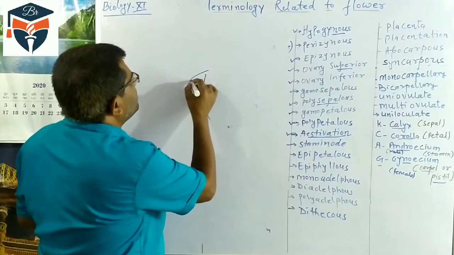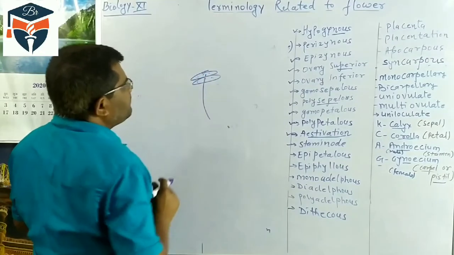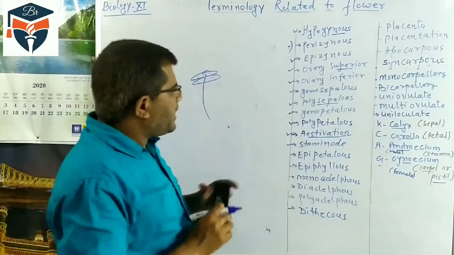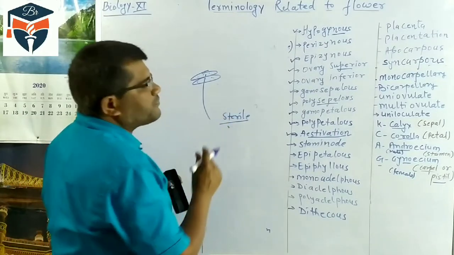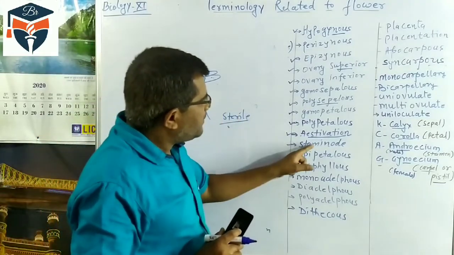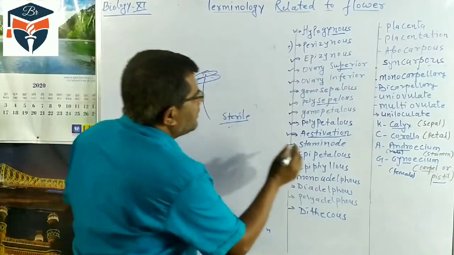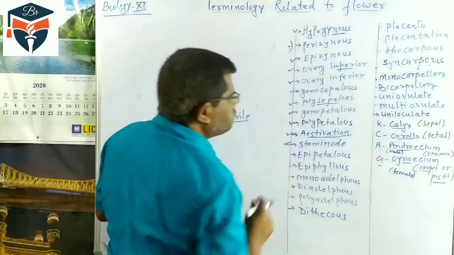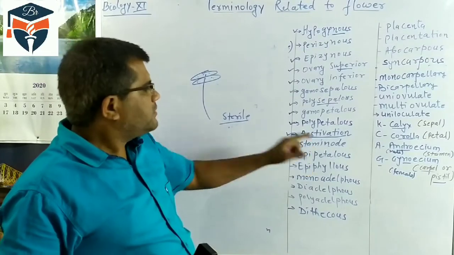This is the male part of the flower, and if it is sterile, meaning not fertile and cannot produce the male gamete, so if the stamen does not produce the gamete, it is sterile, and that is called staminode. That word is used, staminode; it means stamens are sterile.